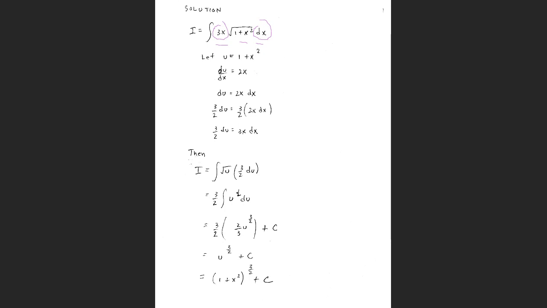I have that du equals 2x dx. So if I take 2x and multiply it by 3/2, I'm going to get the 3x. That's why I chose 3/2, because it was the right multiplier to get me 3x dx on the right-hand side of the equation.